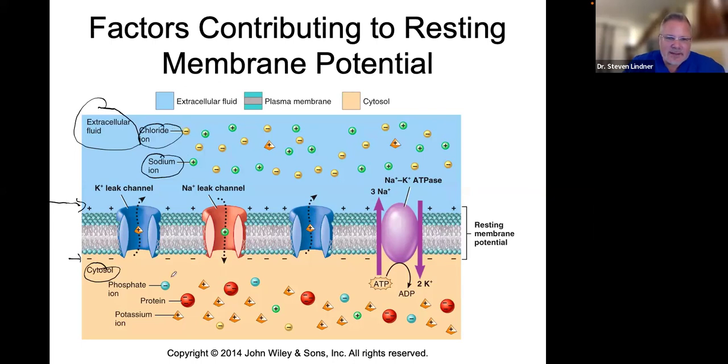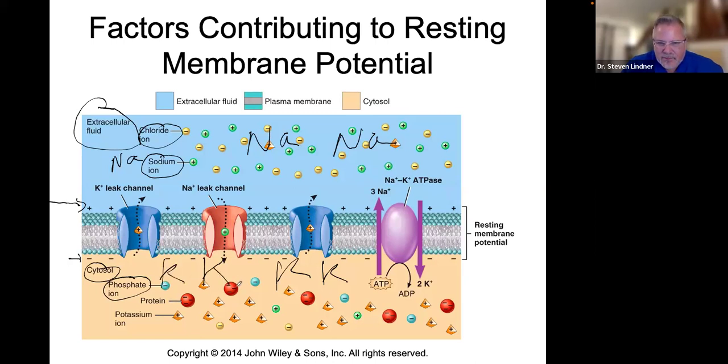On the inside of the cell, we've got more phosphates. You have more sodiums out here, and you've got more potassiums in here. And there's also protein, right? So all of that, when you look at the net charge, creates a little bit more of a negative inside and more positive outside.